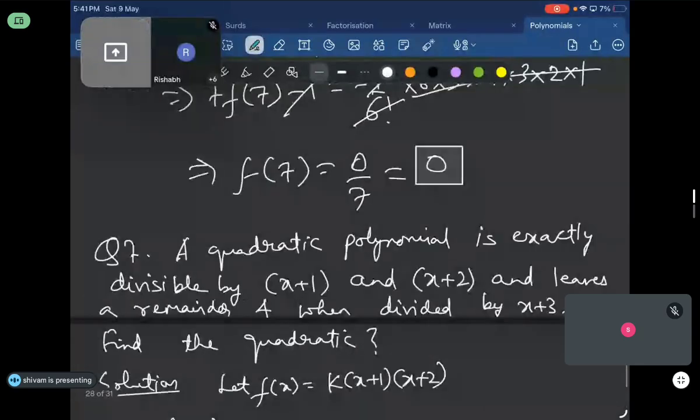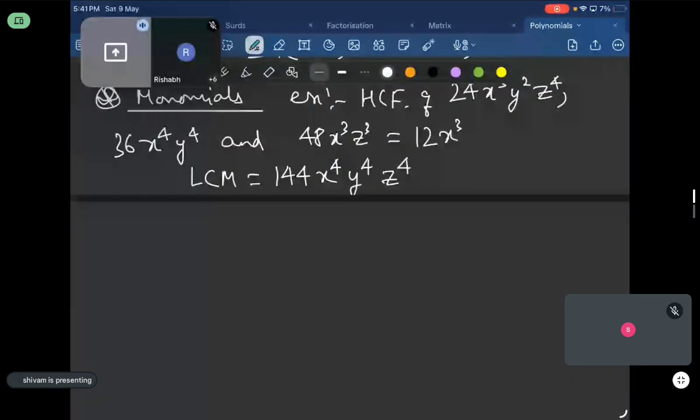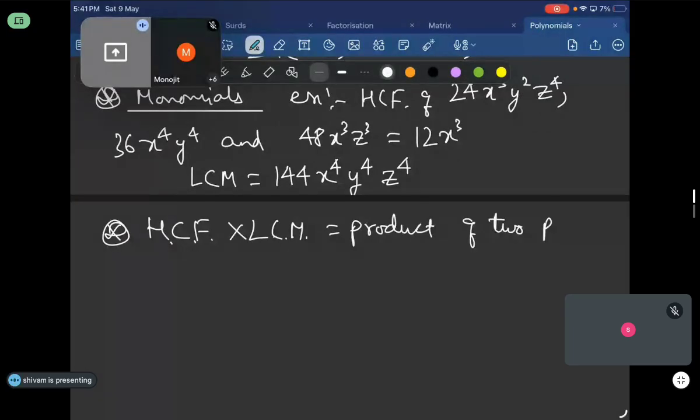You people know HCF into LCM is equal to the product of the numbers, product of two polynomials. Remember. Next.